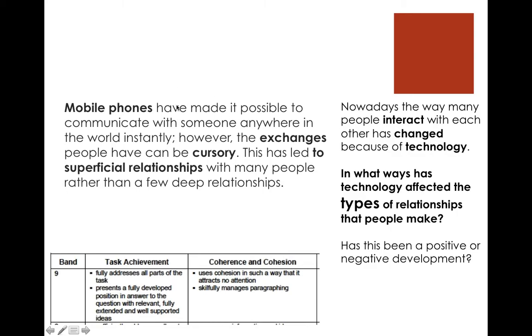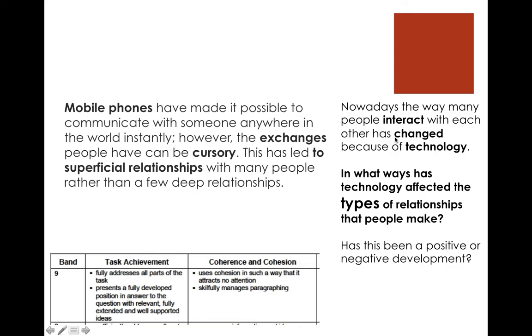Present perfect, has or have made it possible, there's the change. Technology is there, types is here, that's a type of relationship, and negative is implied. That means we know this is negative. So it addresses all parts of the task. This is talking about all of this. It's paraphrasing and it's showing the examiner very clearly, I addressed all parts of the task.